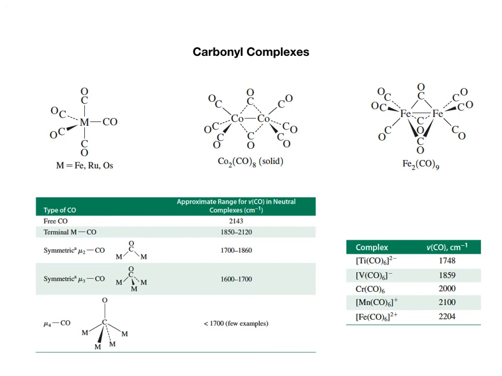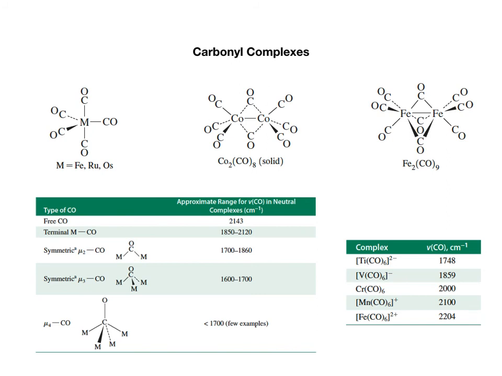The more metal centers carbonyl interacts with, the higher the shift to the low wave number you will see. Okay, so for the mu3 triple bridging carbonyl, the vibrational frequency can be as low as 1600.